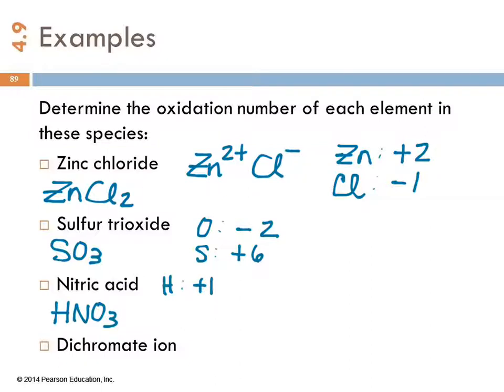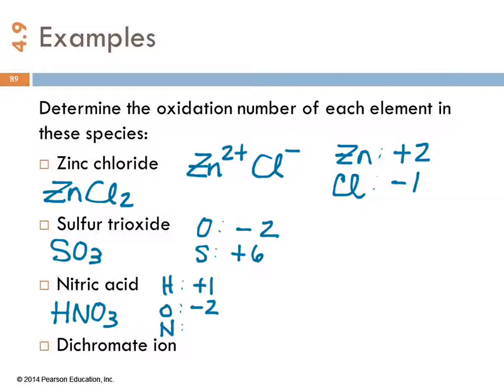After hydrogen was oxygen, and oxygen gets -2. And next will be the nitrogen. So now we have to look, what should nitrogen have so that the other ones have what they want?